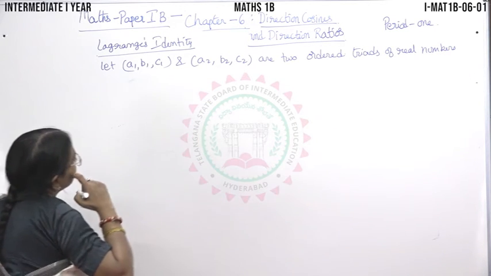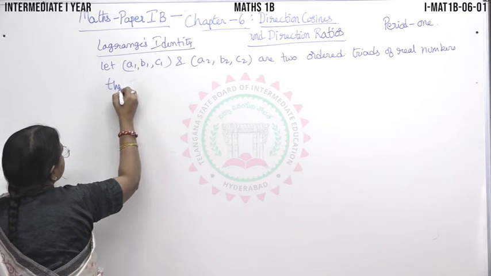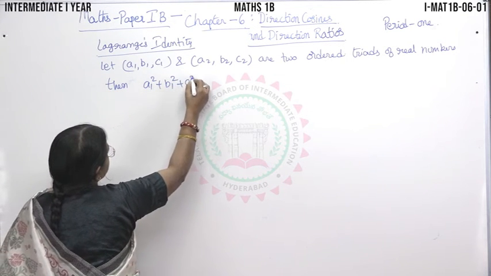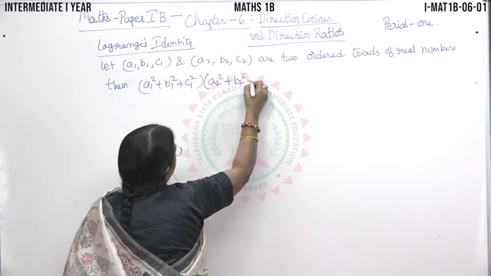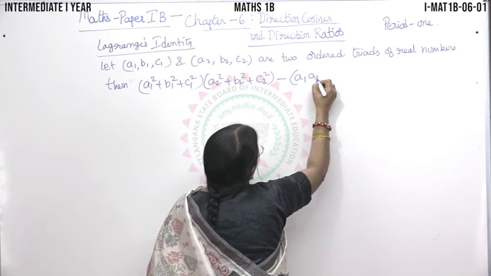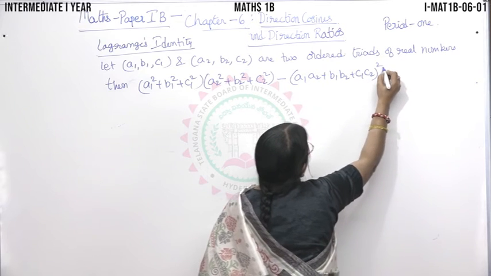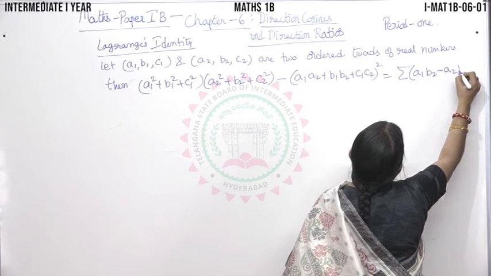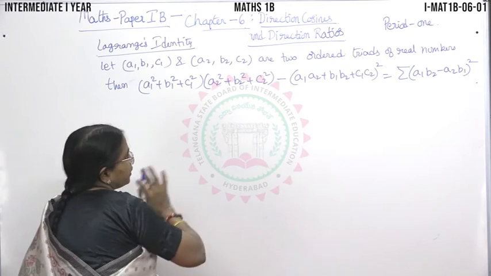So if A1, B1, C1 and A2, B2, C2 are 2 ordered triads of real numbers, then (A1 square plus B1 square plus C1 square) into (A2 square plus B2 square plus C2 square) minus (A1 A2 plus B1 B2 plus C1 C2) whole square is equal to sigma of (A1 B2 minus A2 B1) whole square. This is the formula. So just learn this formula by heart.